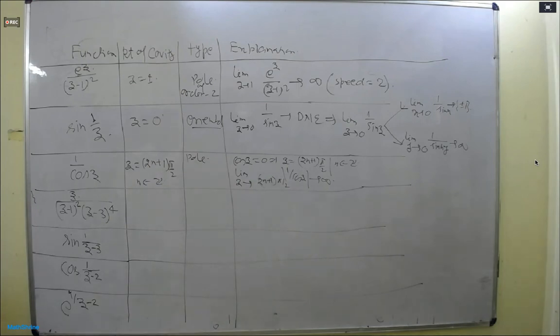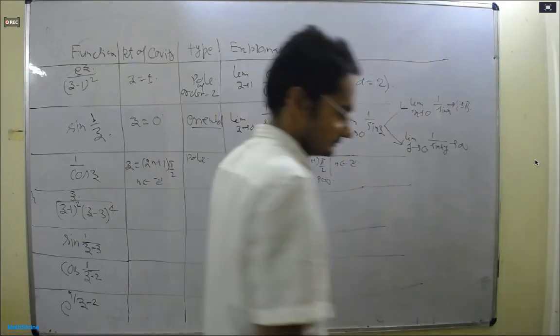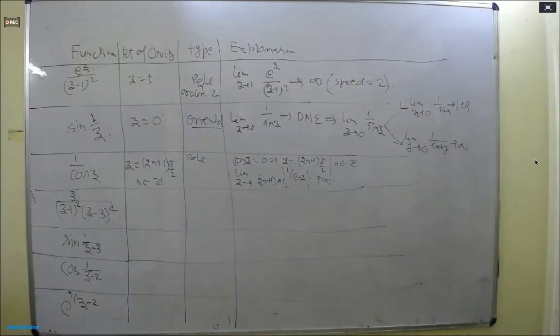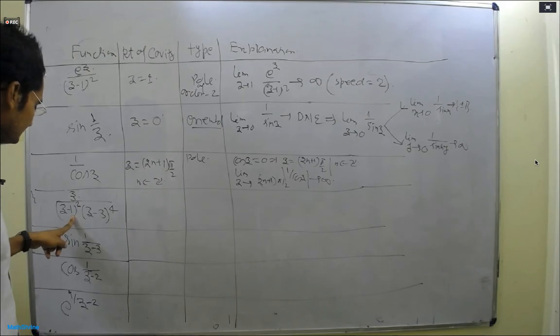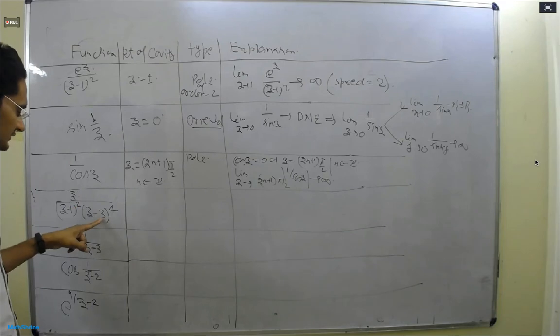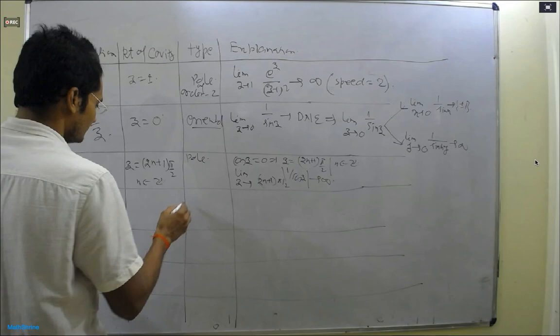Look at this. At z is equal to 1, this will go to the infinity. What will be the speed? 2. At z is equal to 3, it will go again to the infinity with speed 4. So the function has poles at z is equal to 1 and z is equal to 3.